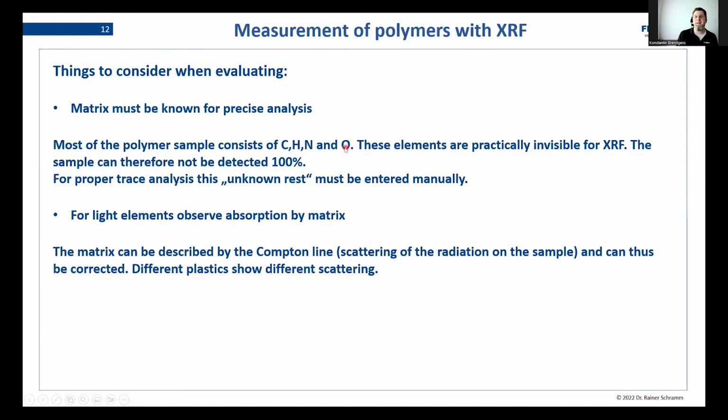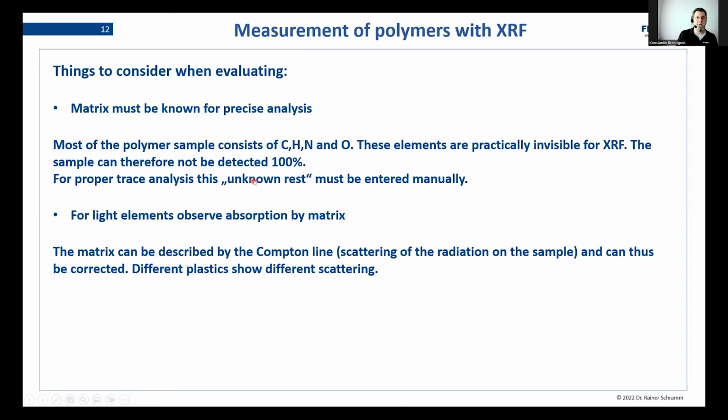And these elements are not measurable in practice. So basically, a lot of our sample is invisible to X-ray, and that is a very difficult thing to solve mathematically to give us good results. In contrast, a metal sample is 100% detectable. So this is not the case here. A lot of the sample we cannot detect and quantify with X-ray.